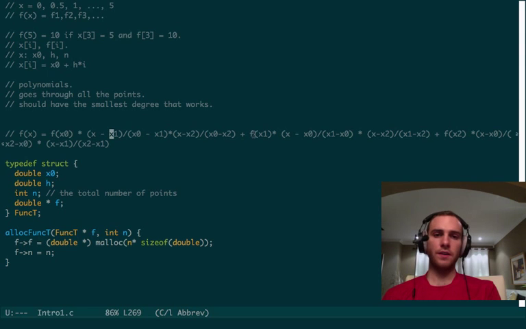But it's all very similar, because we know how to multiply polynomials, and we know how to multiply by a constant. So division by a constant is the same as multiplying by 1 over that constant.